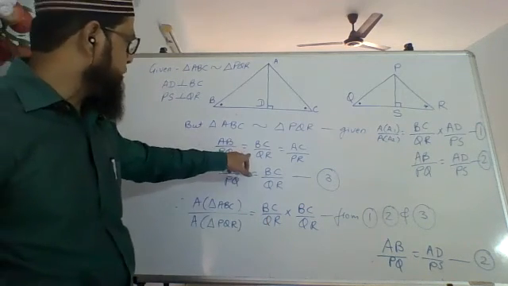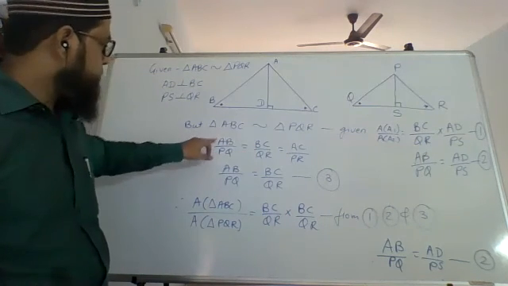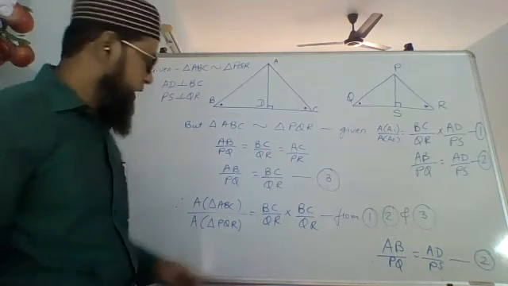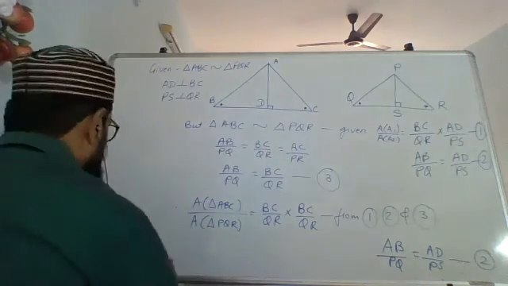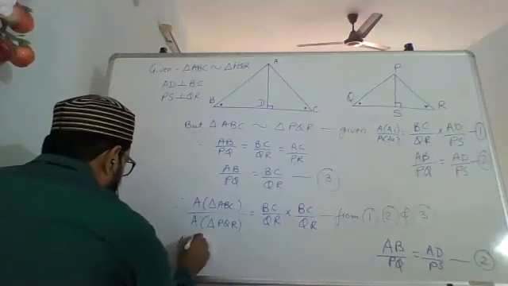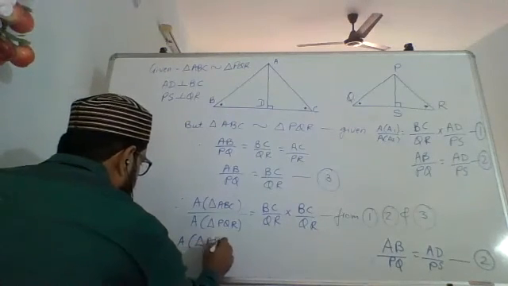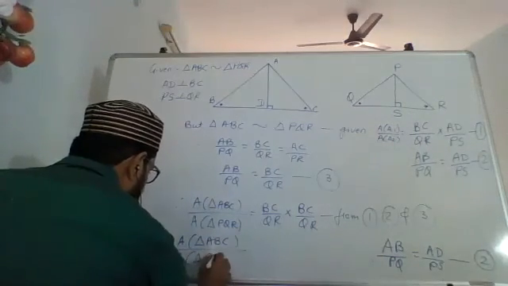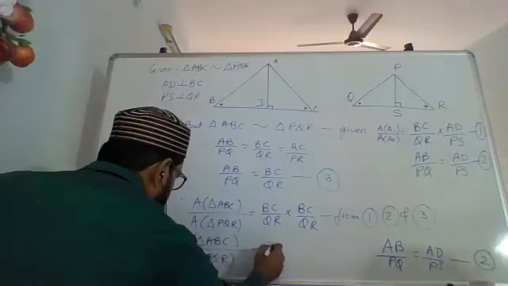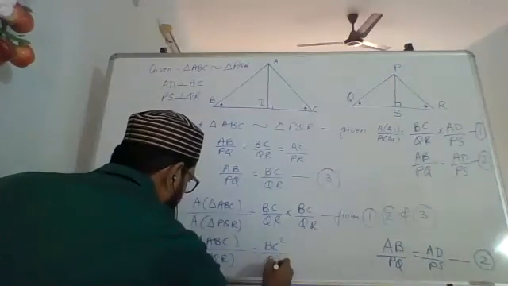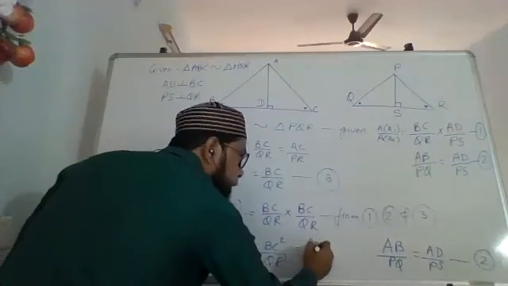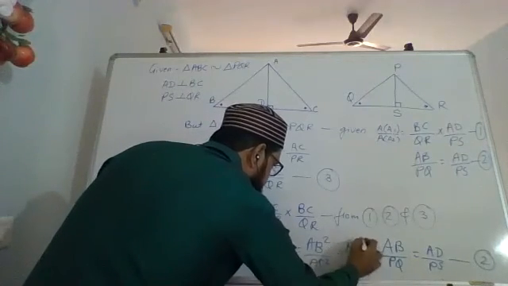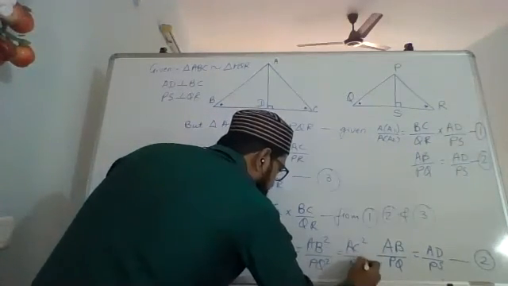And already we have shown over here, what is BC upon QR? AB upon PQ. What is BC upon QR? AC upon PR. Therefore, area of triangle ABC upon area of triangle PQR equals to BC square upon QR square equals to AB square upon PQ square equals to AC square upon PR square.